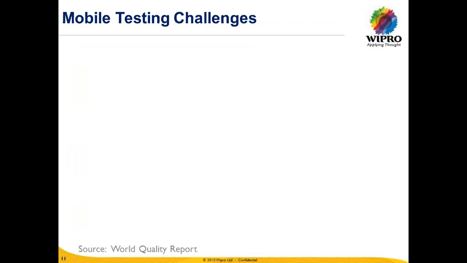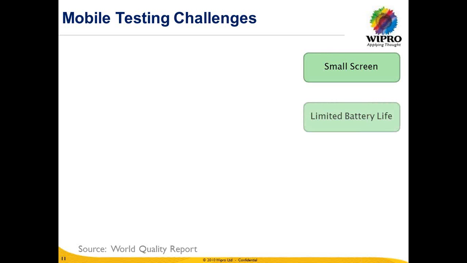Now, before we see mobile testing, we need to think about the mobile testing challenges and risks. If you see the testing challenges and risks, the first is the small screen. It cannot be compared to PC-based applications. The second is limited battery life.